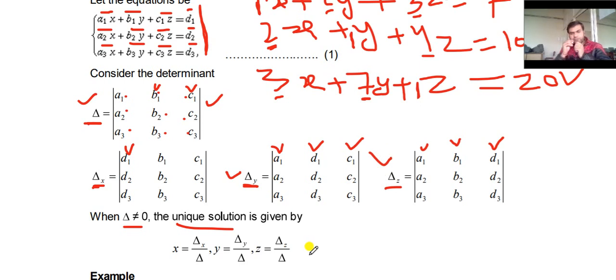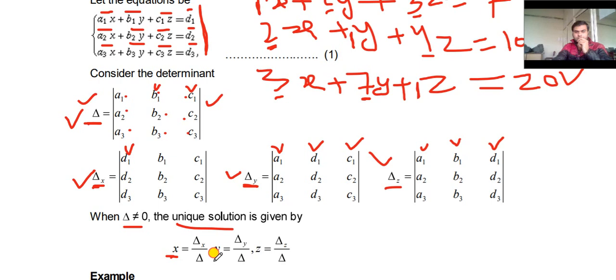Then to find the values of x, y and z, which are the unknowns in these three linear equations, the value of x is equal to delta x upon delta. The ratio of these two determinants gives us the value of x.